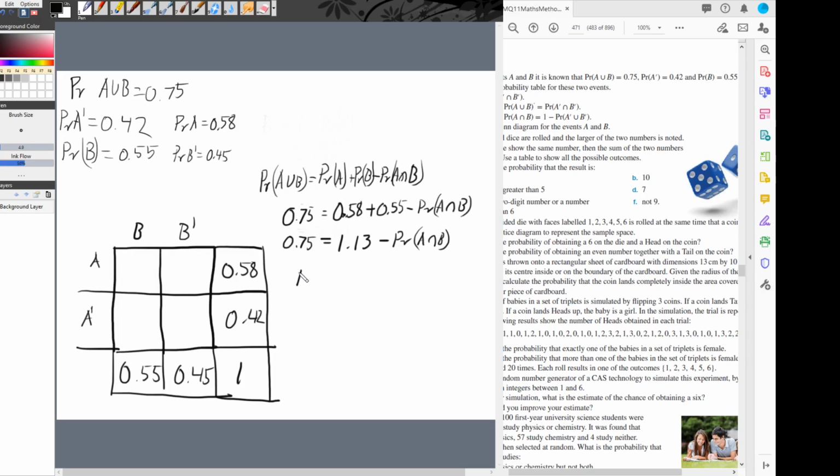We end up with the probability of A and B. Got a minus, so the minus stays there, is equal to 0.75. Now all I've done is swapped my sides, so we're doing this minus this, which is equal to negative 0.38. But because this is negative and this is negative, they go away. So we know that the probability of A intersection B is just equal to 0.38.